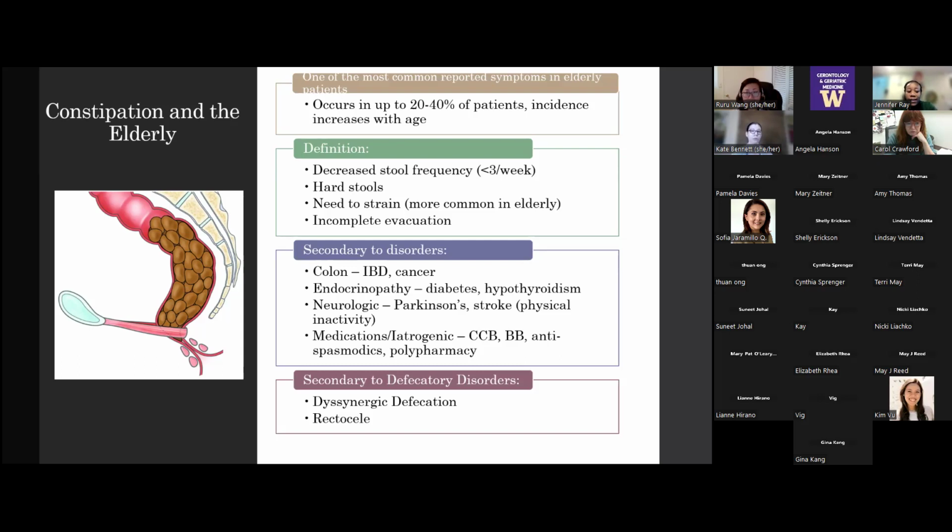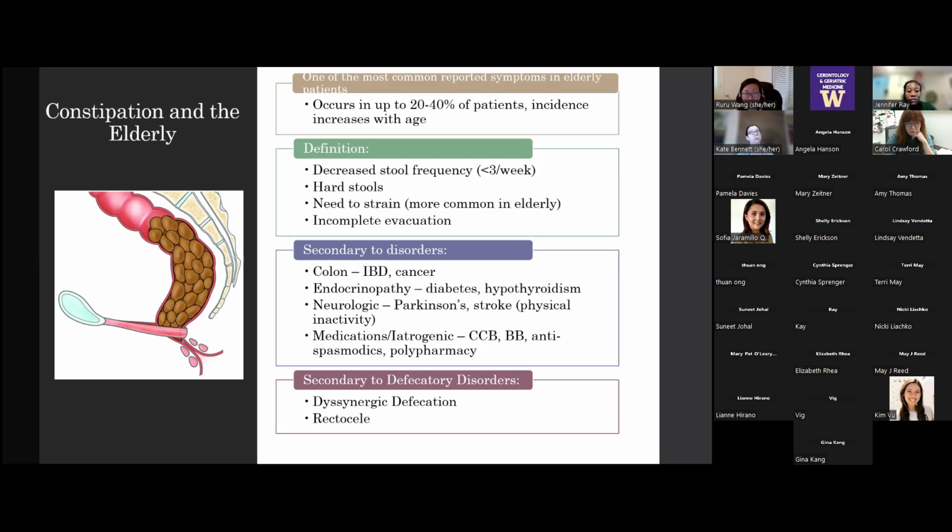This can be secondary to organic disorders listed here. So for the colon, you can have inflammatory bowel disease, which can cause constipation. More commonly, we think of diarrhea, but people can present with constipation and have inflammatory bowel disease. Malignancies would be something to be concerned about in the colon. Endocrinopathies with low thyroid disease or hypothyroidism.